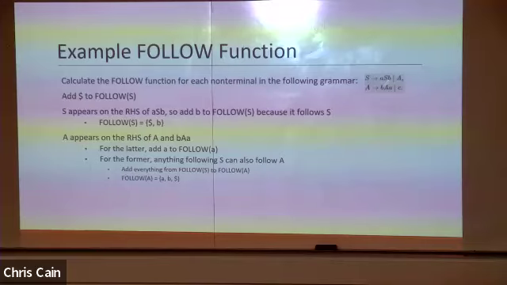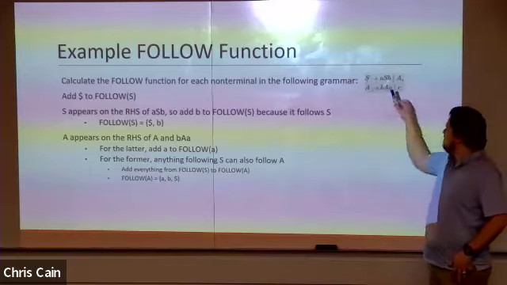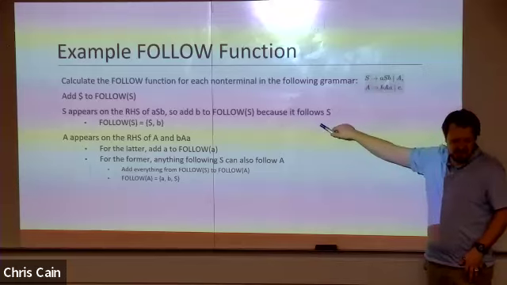Does this make sense? This is why it was a struggle to make anything else follow S, because it's not possible.